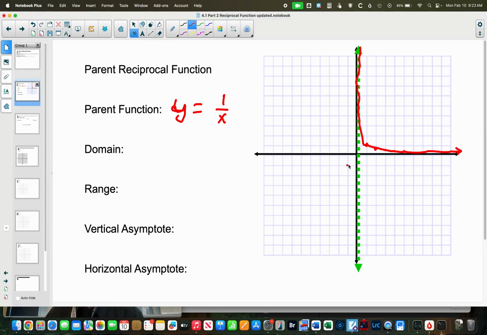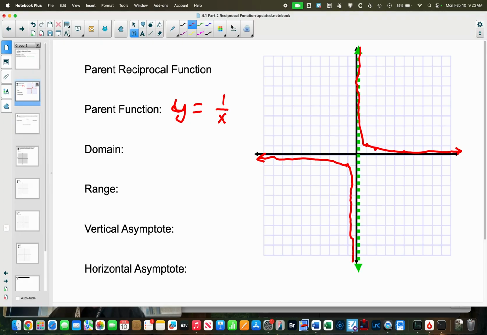So at -1, the y value would be -1. And likewise, it's going to approach the y-axis there, and then it's going to approach the x-axis here. So this is a good graph of our reciprocal function.